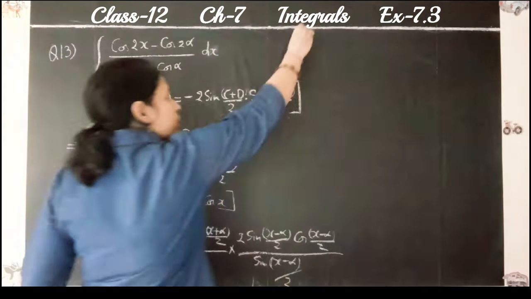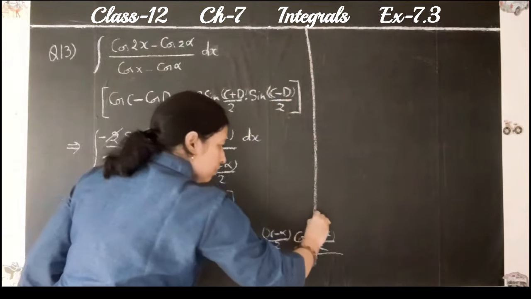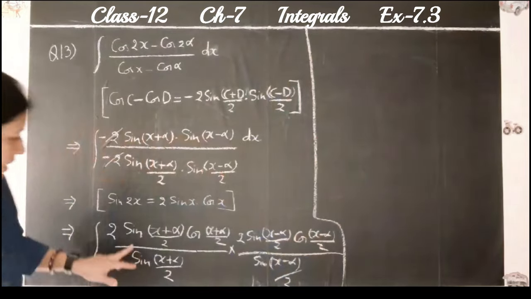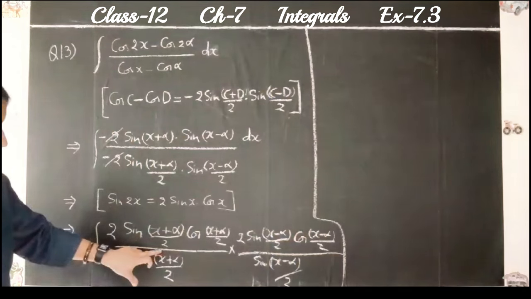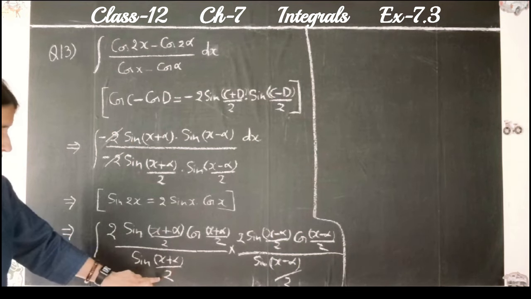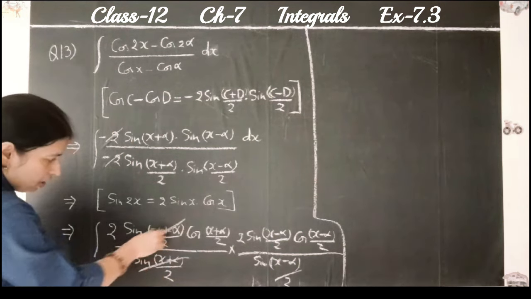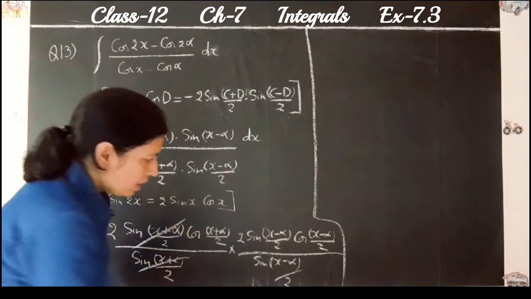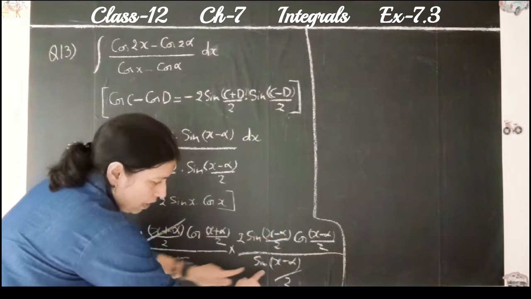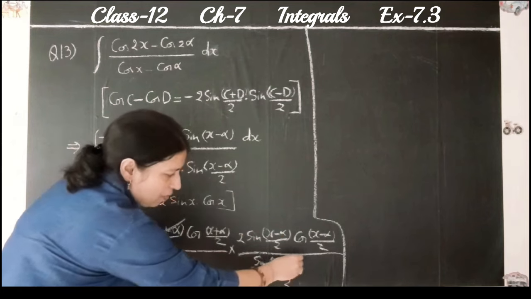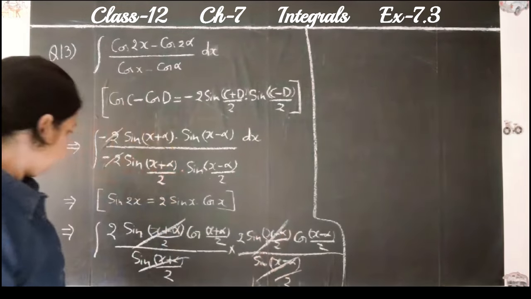Okay. Here sine (x plus alpha) divided by 2 divided by sine (x plus alpha) divided by 2, so it will cancel. Here you can cancel sine (x minus alpha) by 2, here it is also sine (x minus alpha) by 2, so you can cancel.